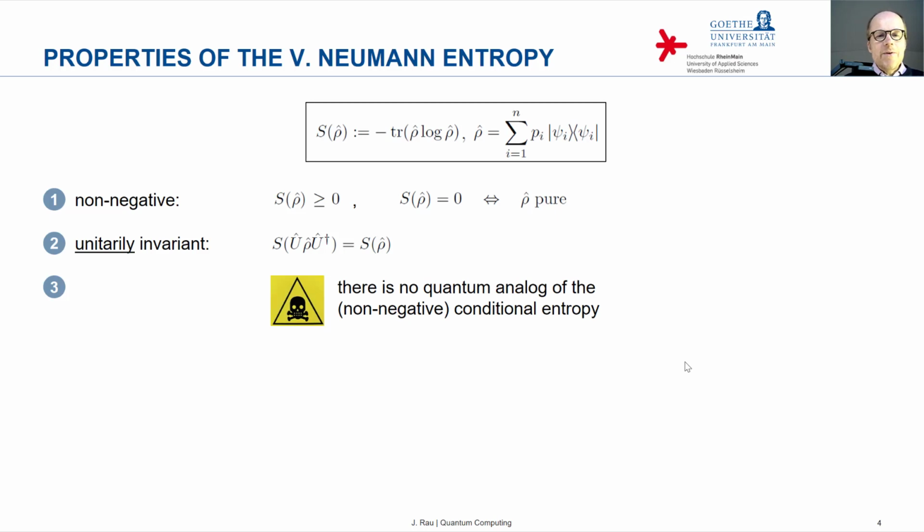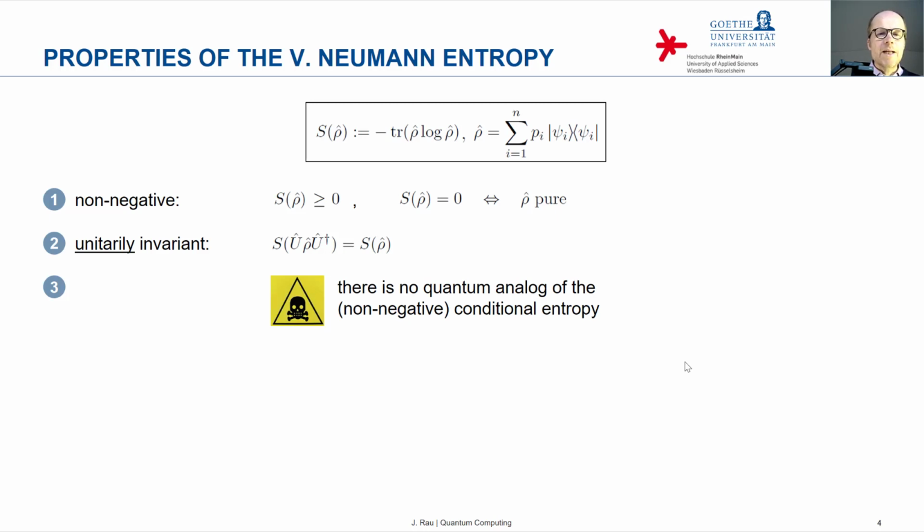In quantum theory, there exists no obvious analog of the conditional entropy that we had in the classical case. You can define a mathematical object formally. You can simply use that additivity that you have classically and solve for the conditional entropy: the joint entropy minus the entropy of the first experiment gives you the conditional entropy of the second given the outcome of the first.